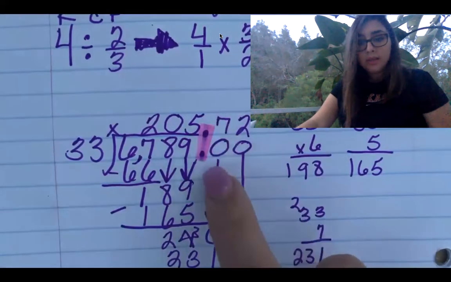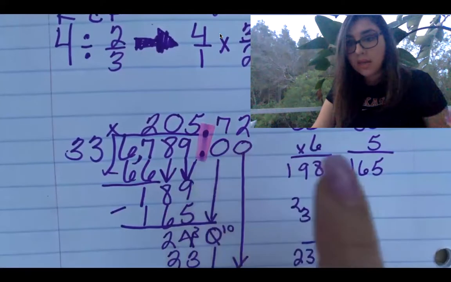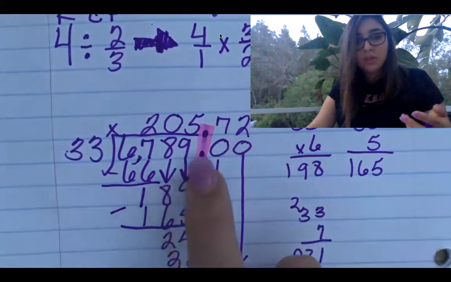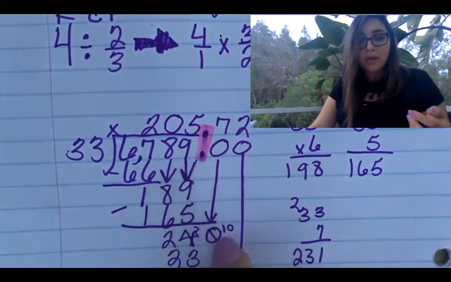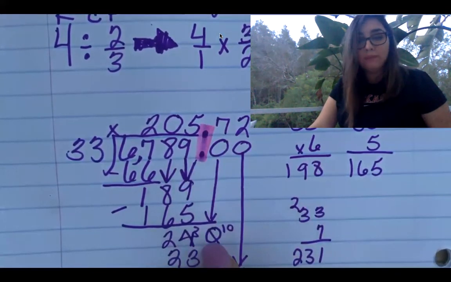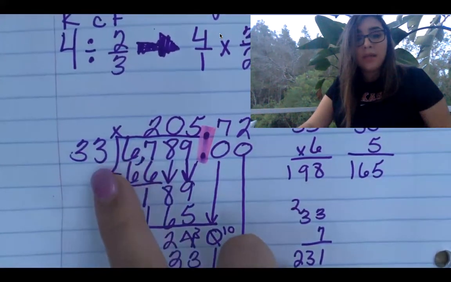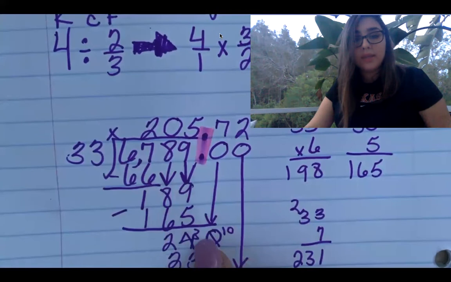That's it. So I inserted some more zeros. Remember, when you insert these zeros, it does not change the value of your digit. So I put a 0 down here, and it made this 24 into 240. So 240, how many times does 33 go into this? 7 times.